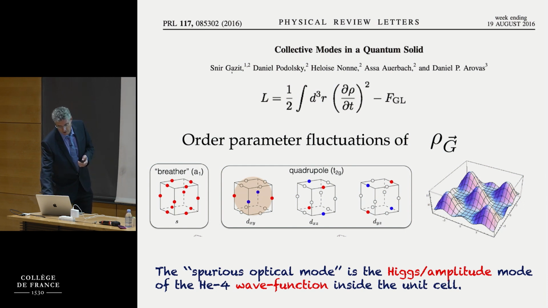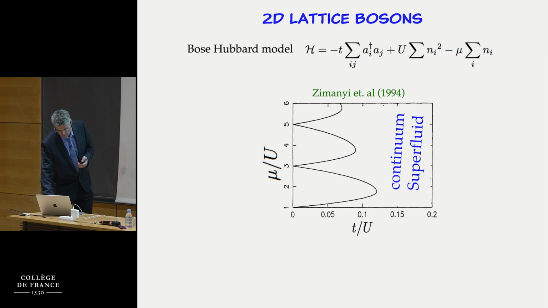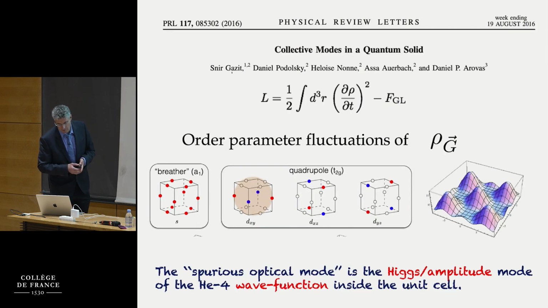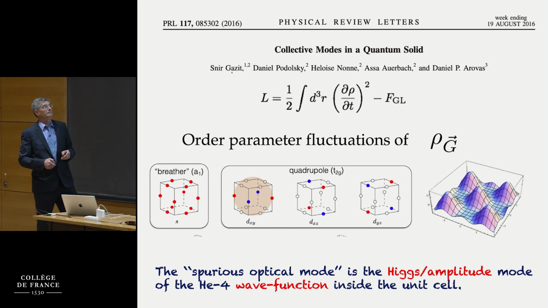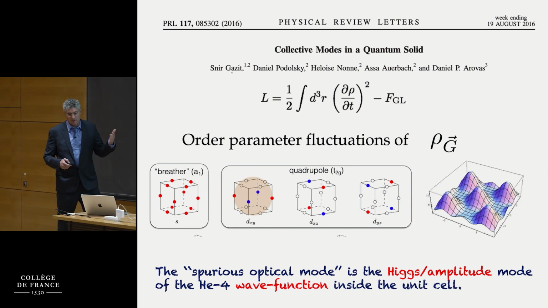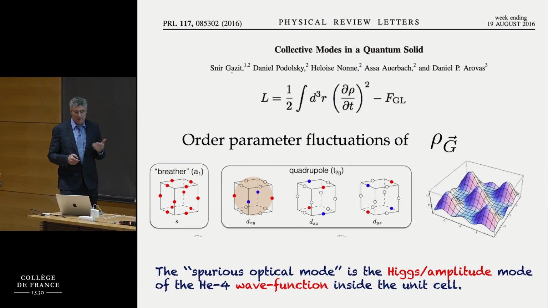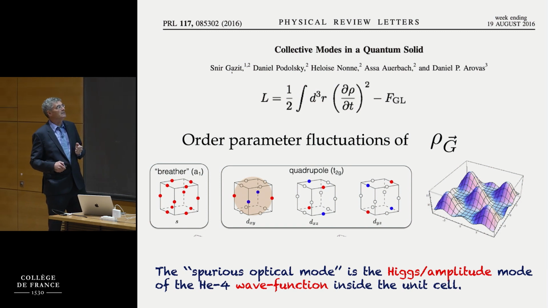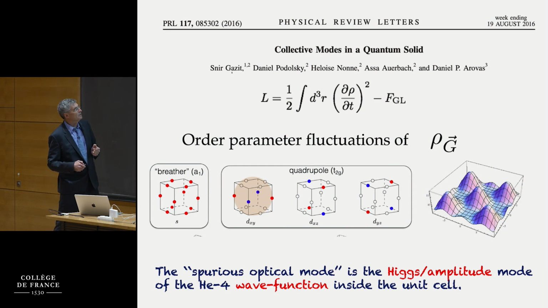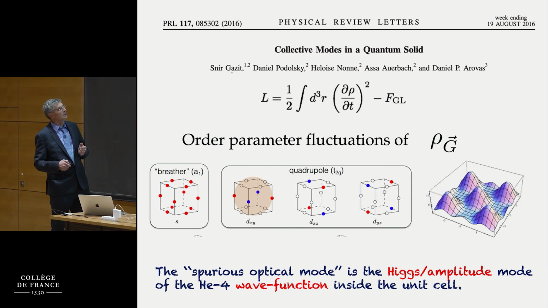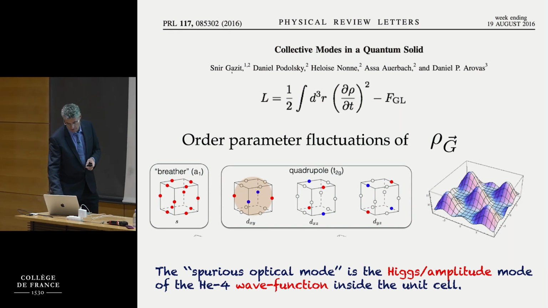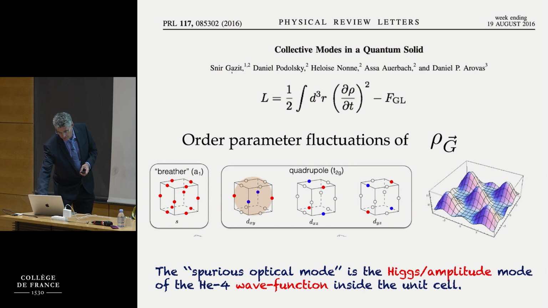And indeed, with certain fit parameters, but still parameters quite reasonably taken from the known van der Waals interactions, he found that the mode corresponding to experiment was like a D-wave oscillation inside the unit cell, of the single helium atom wave function. So that's the story there.